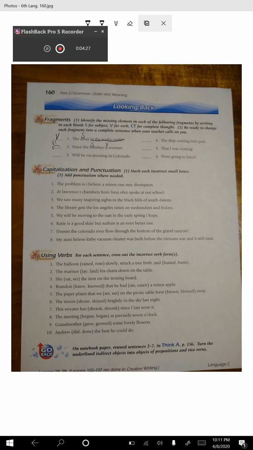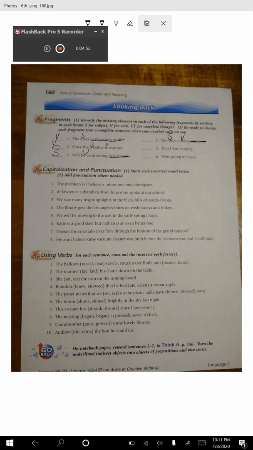Will be vacationing in Colorado. Well, first of all, we're going to get rid of in Colorado. Will be vacationing is a whole verb phrase. So obviously we're missing the subject. The ship coming into port. We have a ship and it is coming.